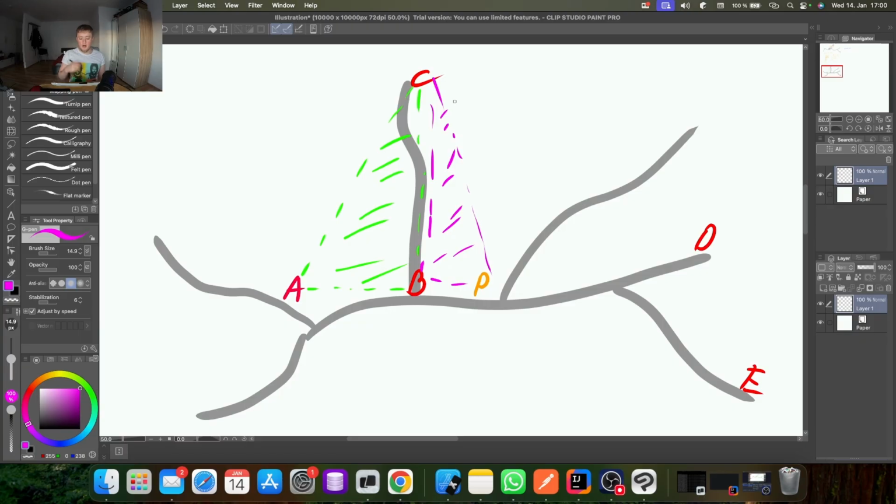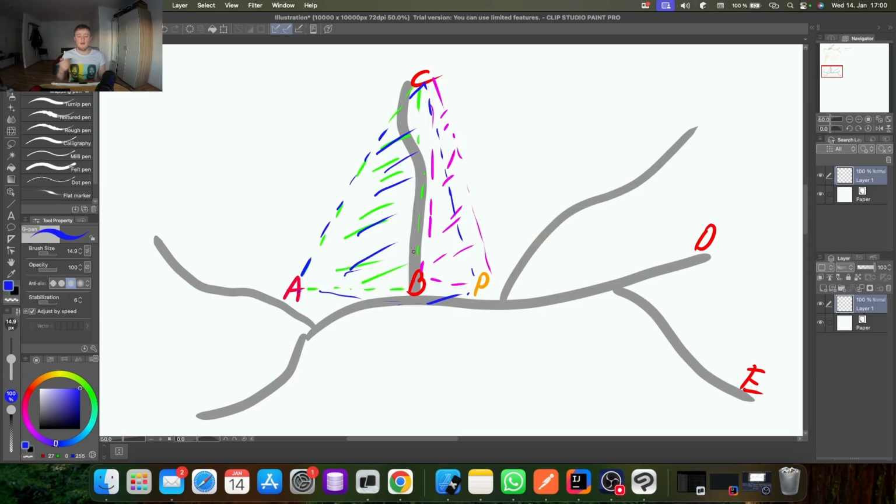Okay, another triangle should be A, C. Let's use another color for that, I guess, to be much nicer. Okay, A, C, P, and A. This is another triangle, for example.